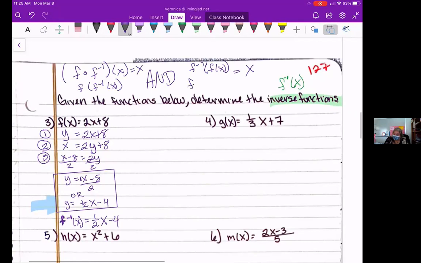Oh, I forgot to write it in this column, just so that you can see both formats. Remember, both of these things mean the same thing. I just wrote it in both forms, but they would both have to give you x.